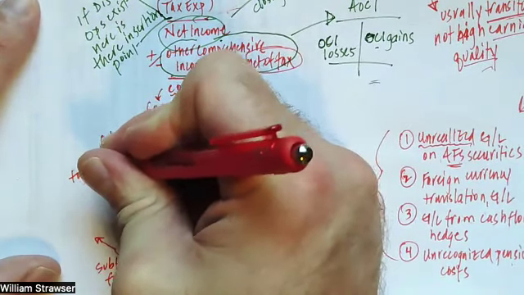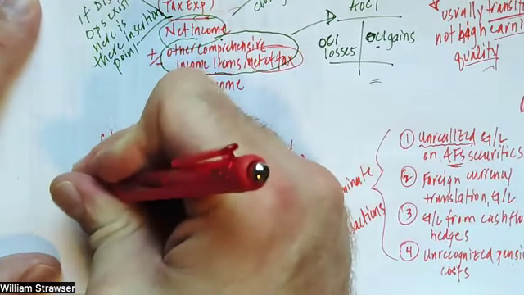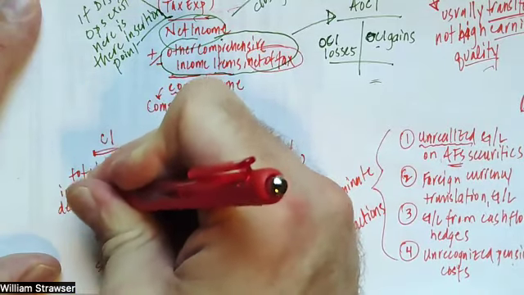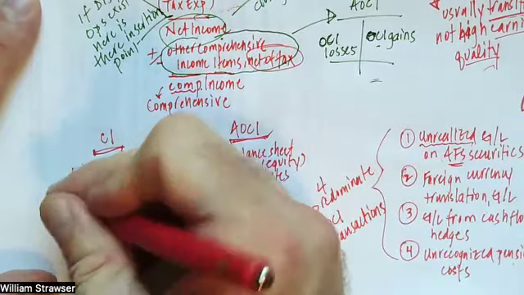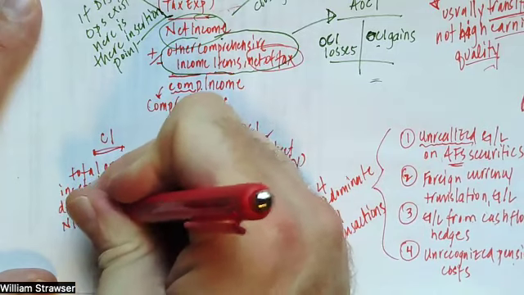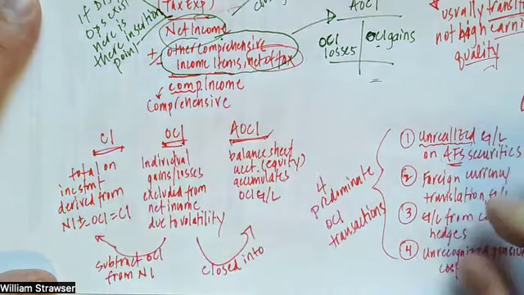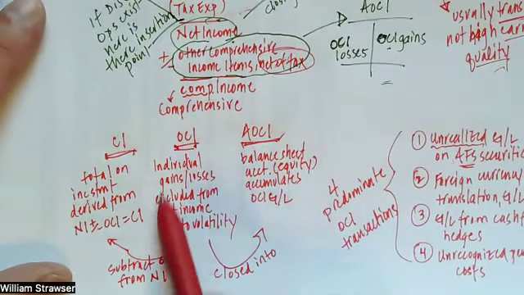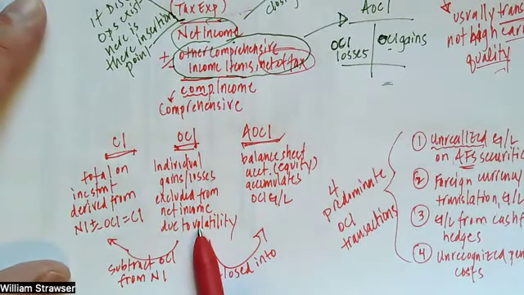So it's a total on the income statement derived from net income plus or minus OCI. So they're all related. They all are defined by OCI in one way or another.